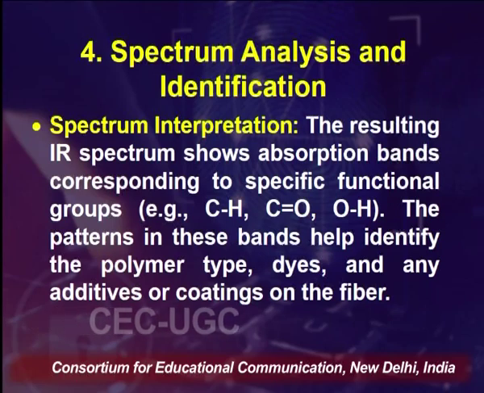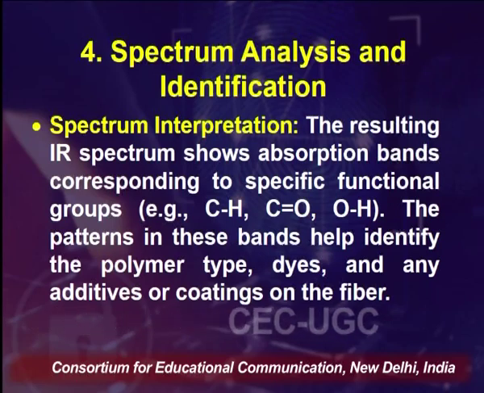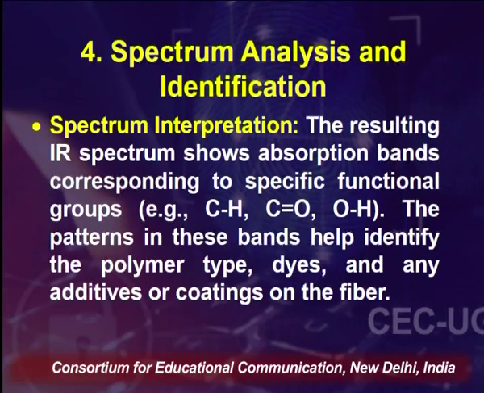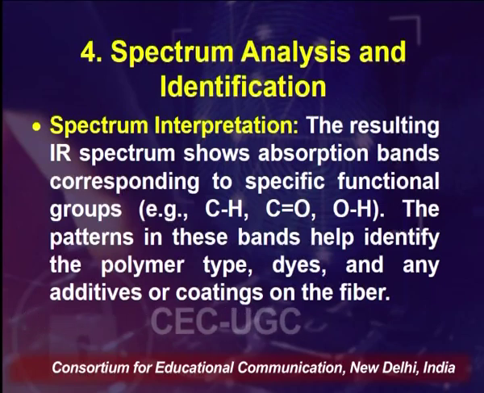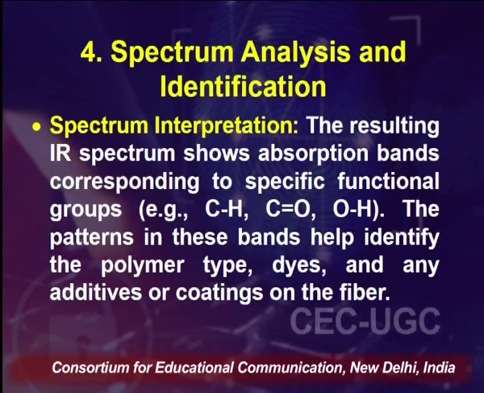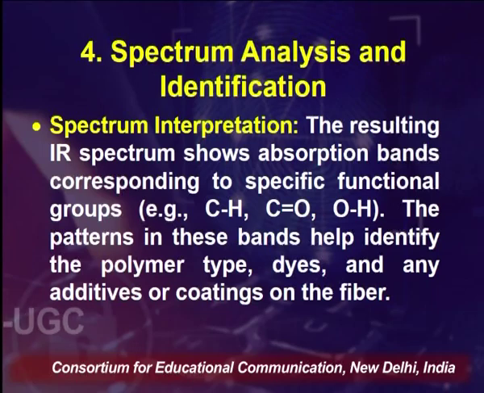After that we have to analyze the spectrum for identification and interpretation. The IR spectrum shows absorption bands corresponding to various functional groups such as CH, COO, and OH, and we can get to know about the various dyes or additives that have been added.